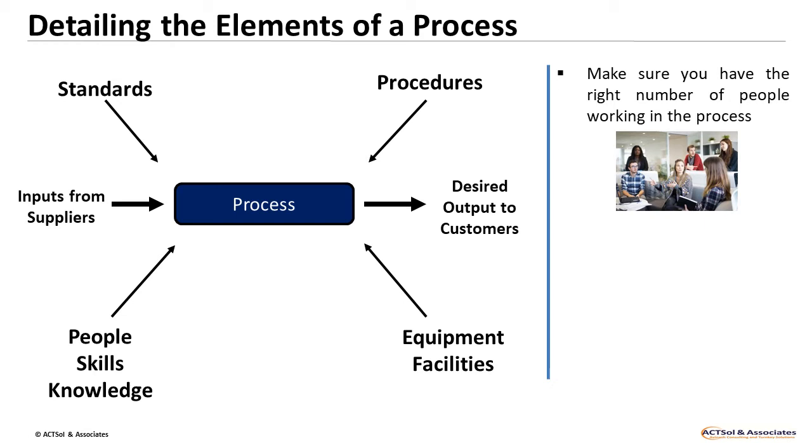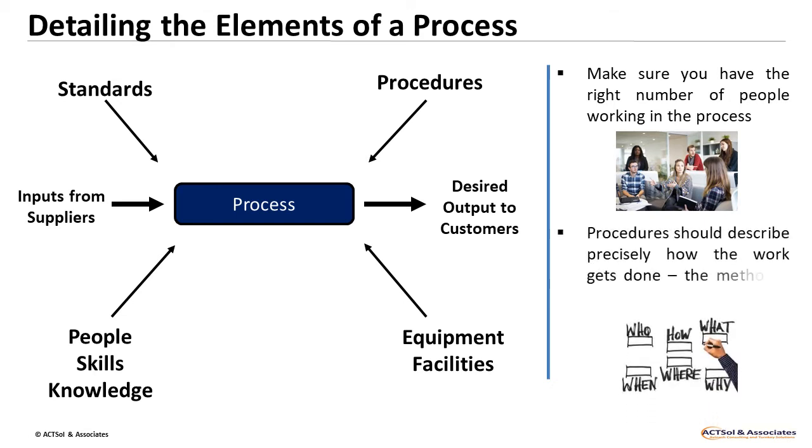You need procedures too. Procedures should describe precisely how the work gets done, the method, and must be developed, agreed, appropriately documented, and kept up to date, especially in a culture of continuous improvement, where enhancements are regularly being made to the process.